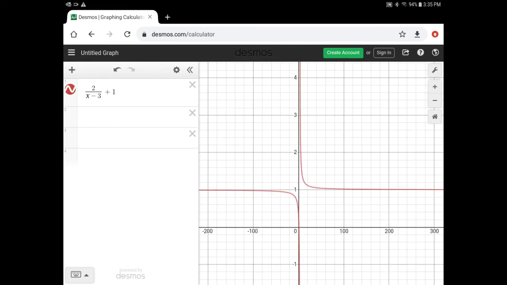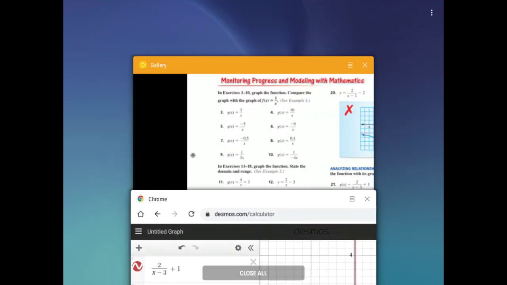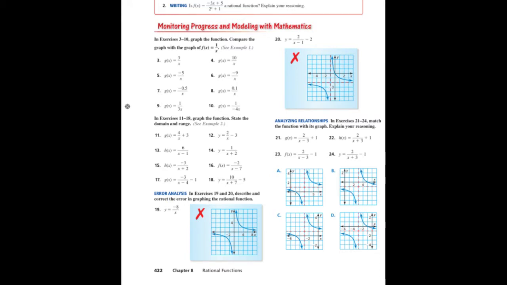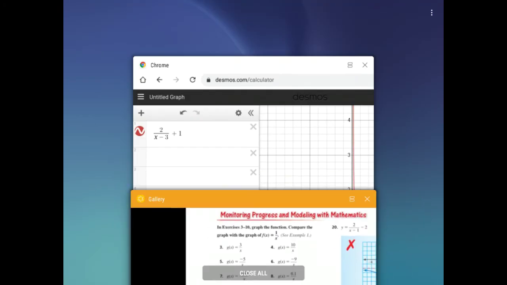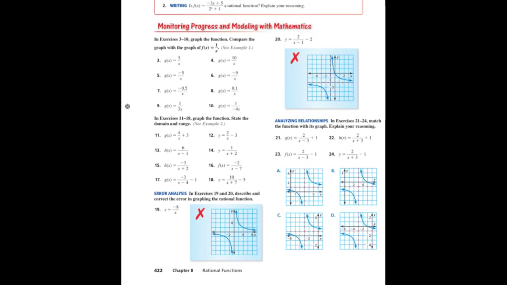Alright, here's your graph. Looks like there's a vertical asymptote at 0 and a horizontal asymptote at 1.